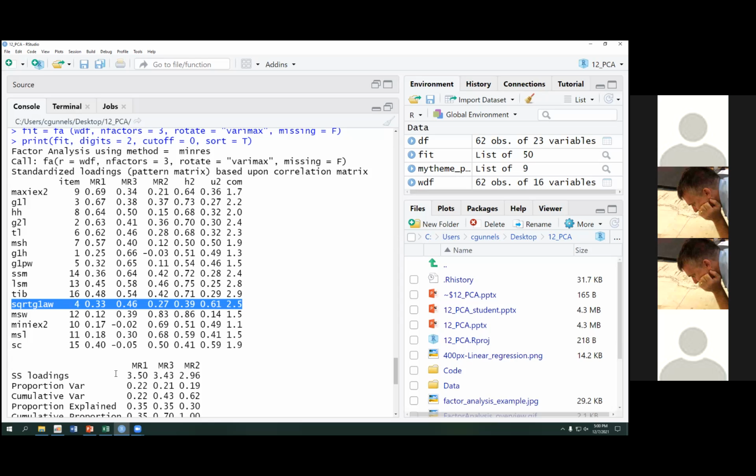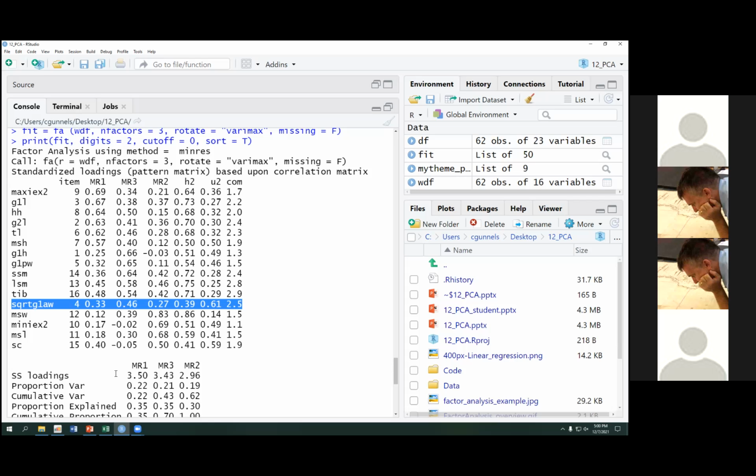Yep. Depends on what you're trying to describe. Yes. Heather? 0.5 is a borderline. And by the way, on the 0.5 and above, negative 0.5 and below, that's a little arbitrary.